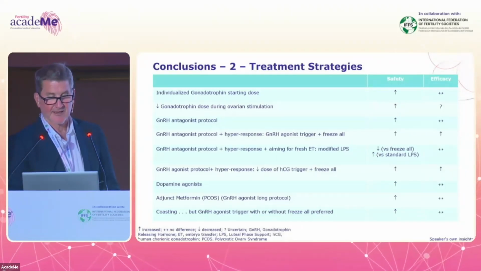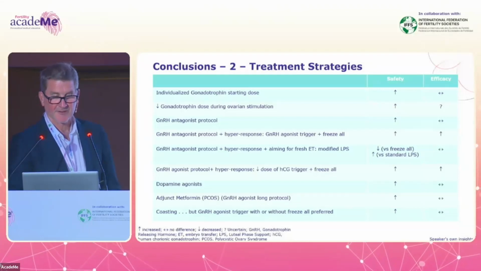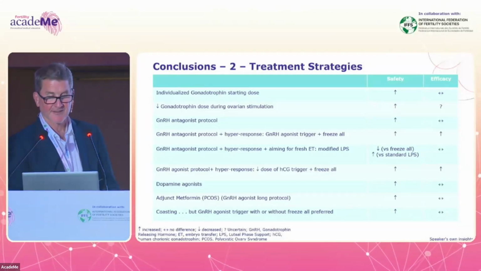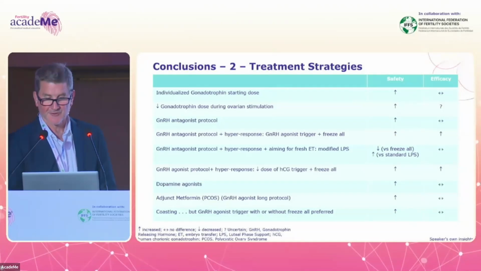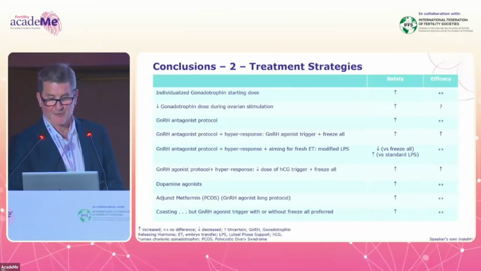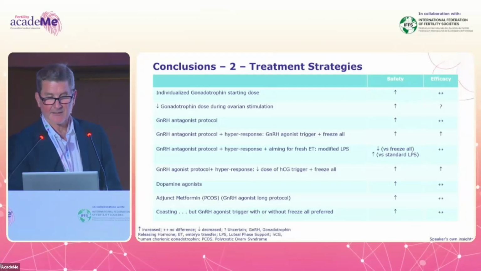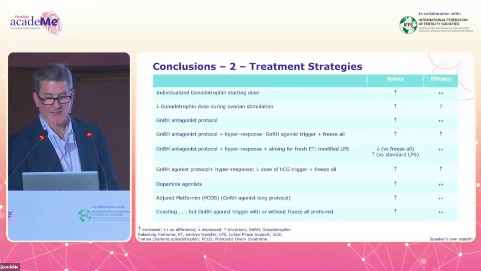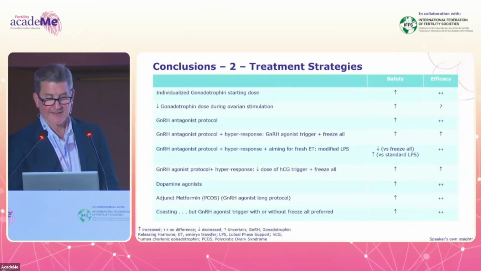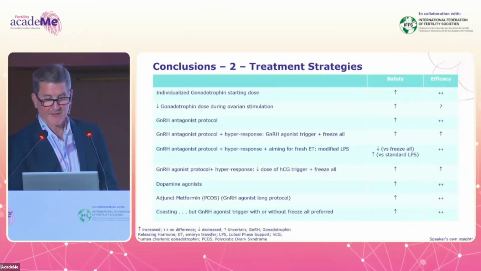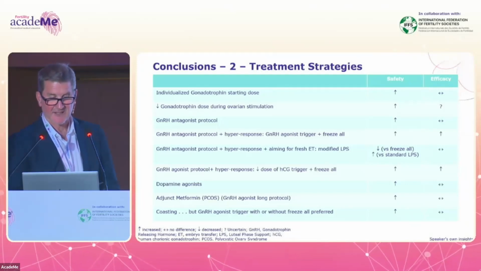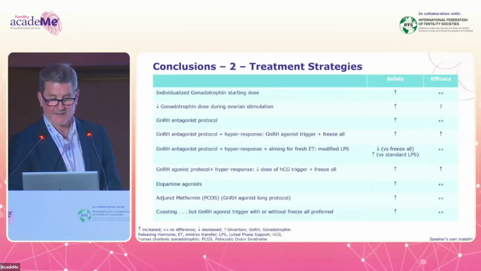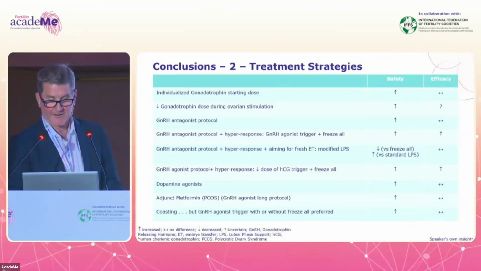Looking at a GnRH antagonist protocol with hyper-response, using a lower dose HCG trigger with freeze-all improves safety and also improves efficacy. The use of dopamine agonists will improve safety without affecting efficacy, as will adjunct metformin in PCOS women with the long protocol, and as will coasting. But remember that the GnRH agonist trigger is preferred rather than coasting.